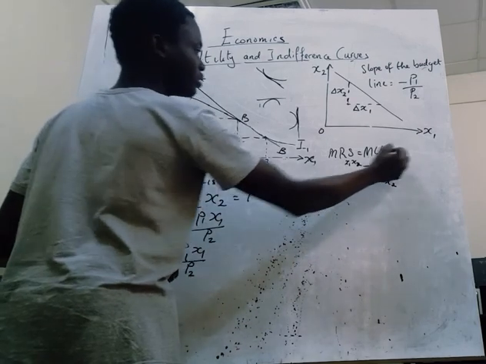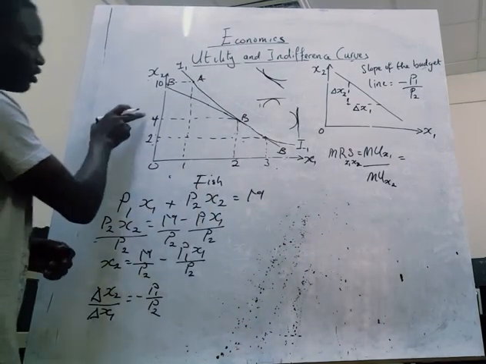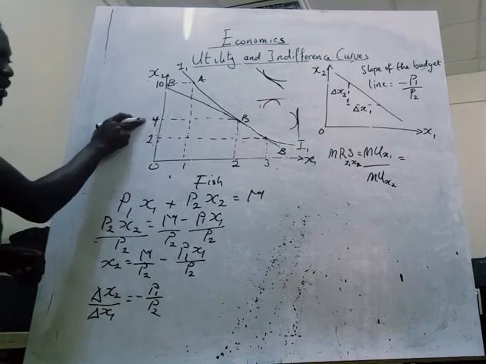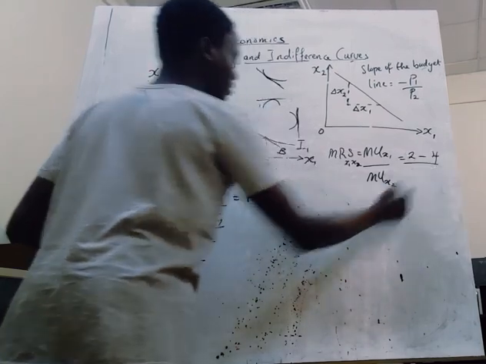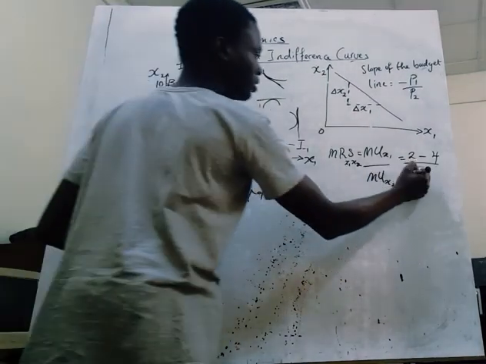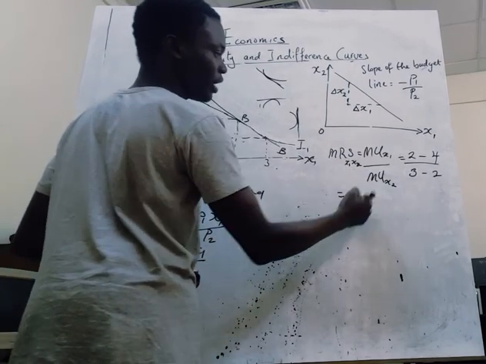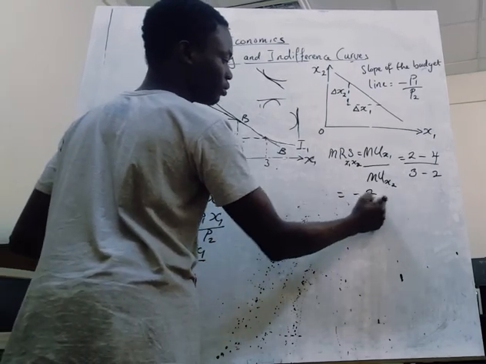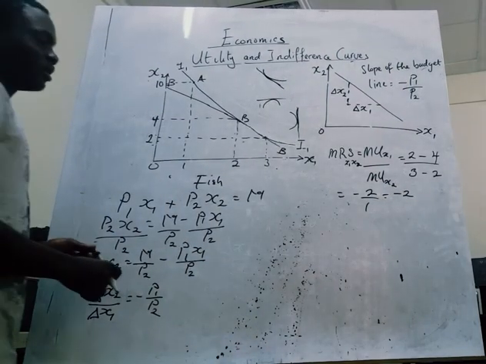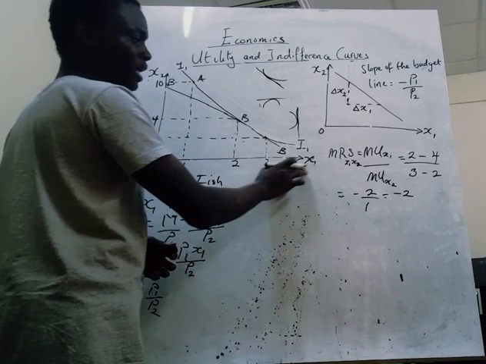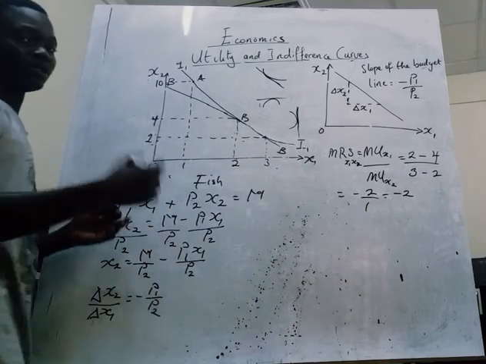It is falling from here to here, so here you have 2 minus 4 divided by 3 minus 2, which is equal to minus 2 over 1, which is minus 2. This simply means that the consumer is willing to give up 1 unit of commodity X1 in order to have 2 units of commodity X2 and vice versa.